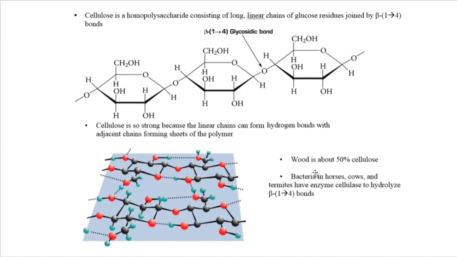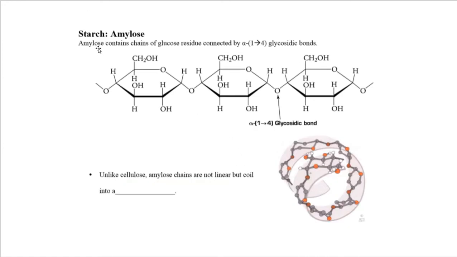That's why wood contains 50% of cellulose, and that's why it's so strong. Starch, like amylose, is made of linear chains composed of glucose units. The bonds between the glucose units are alpha-1,4, and it is not linear like cellulose; it is coiled.